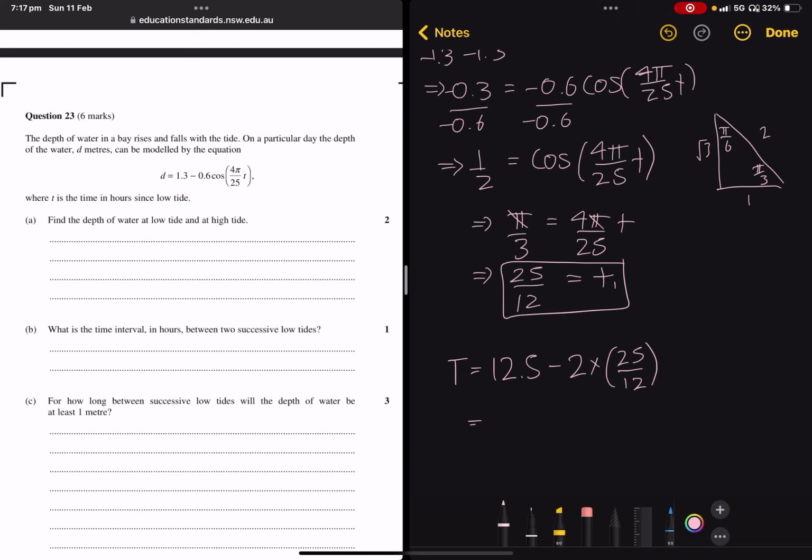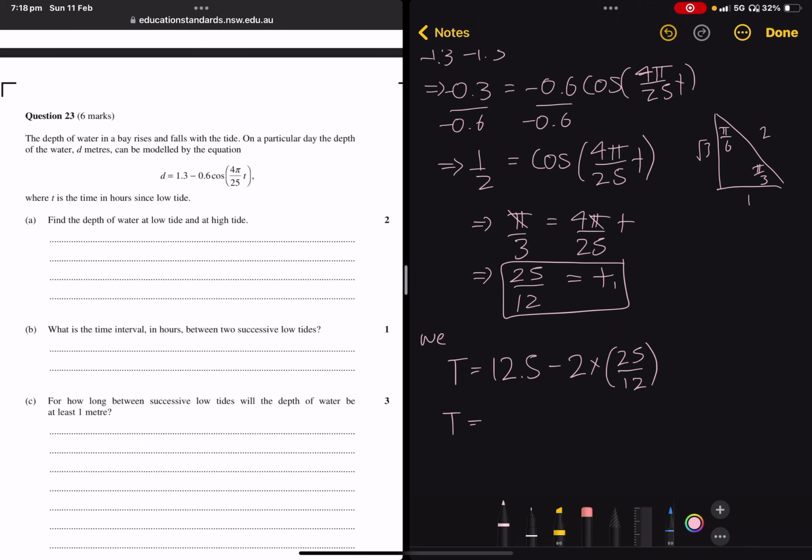So we'll put this in our calculator, and we find 12.5 minus, this is going to be 50 on 12, equals 25 on 3, which is 8 1/3.